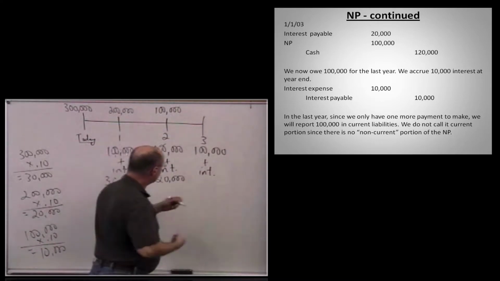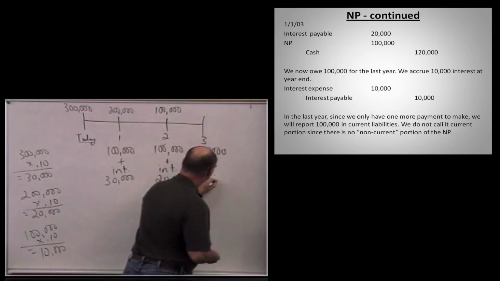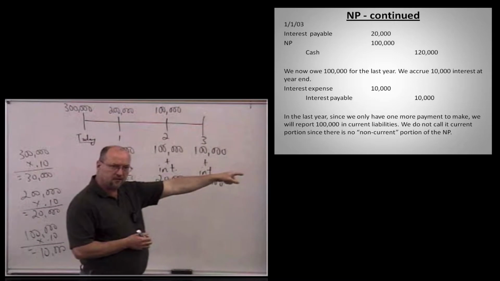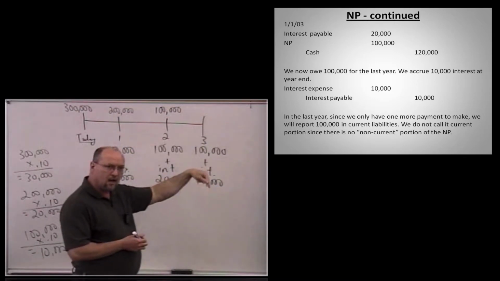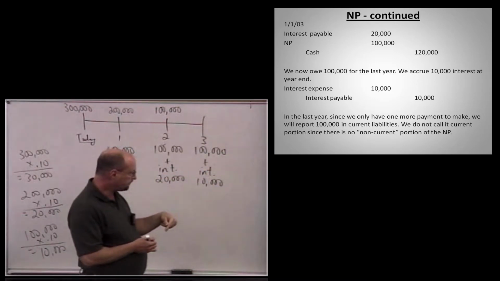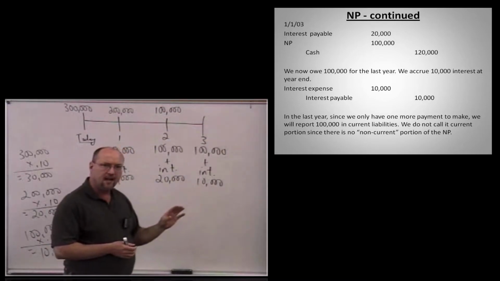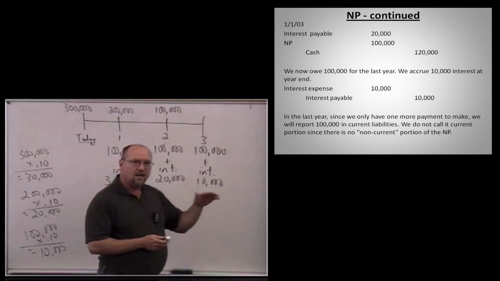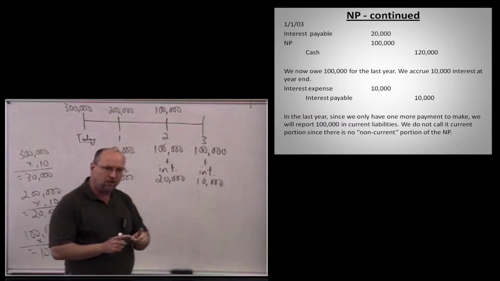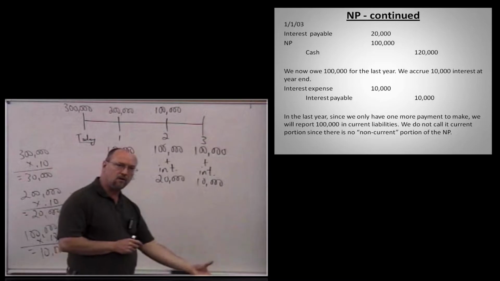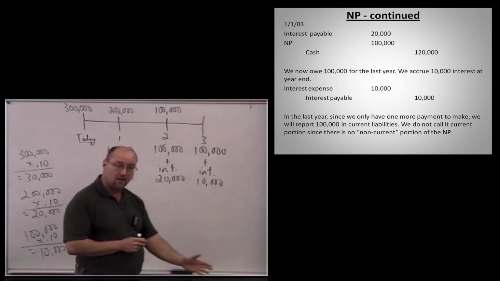Okay, so at year end, I'm going to accrue $10,000 interest expense, which is going to go on the '03 income statement. And although I don't have a slide for it on the balance sheet, we're simply going to report note payable in the current liability section for $100,000. We no longer have a non-current portion. It's gone.